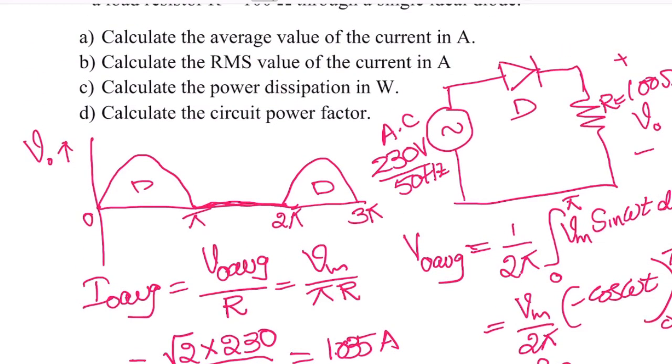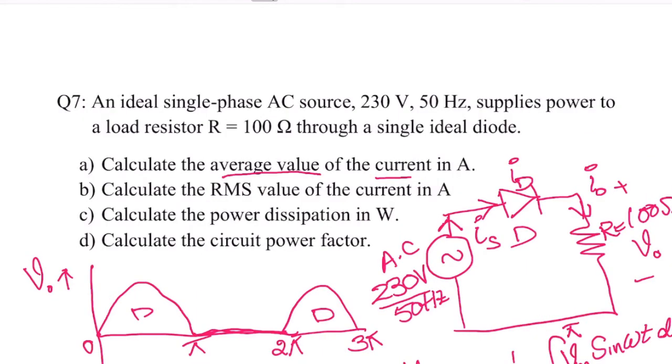The first one is asking for the average value of the current. He has not mentioned whether it is the output current, diode current, or source current. As you know, this is the source current, this is the diode current, anode to cathode, and the output current.